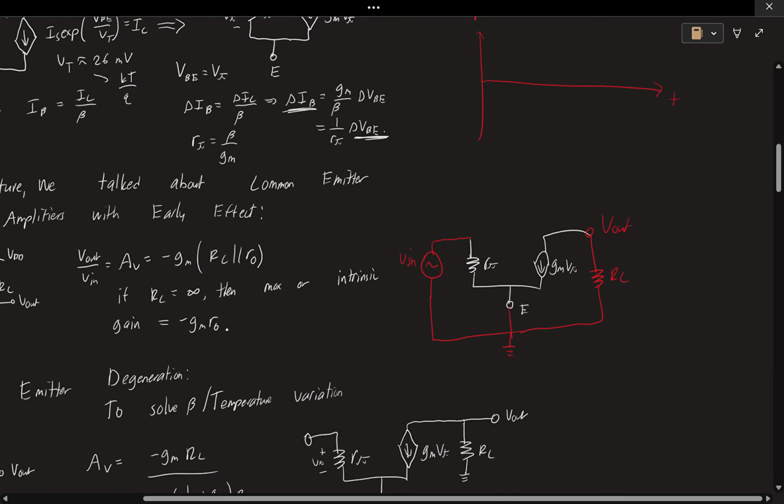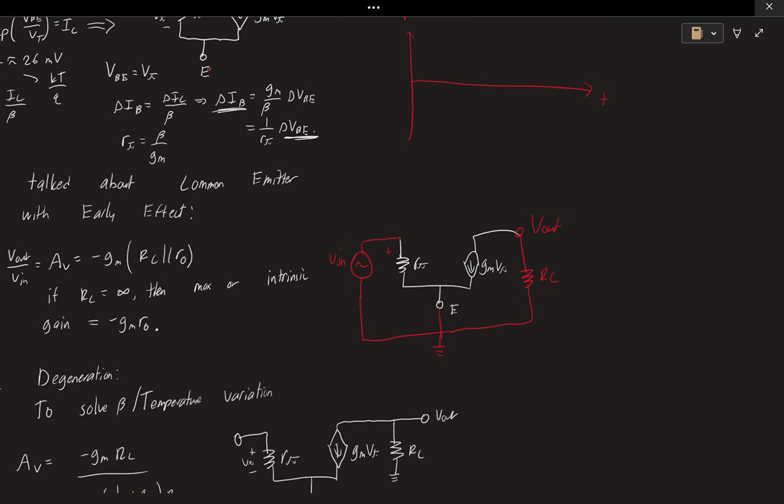Okay, cool. So the best way of viewing this now is to just write a few equations out. Just like lecture, we know V pi is going to be equal to V in, just from the KVL on this left loop. And now we know that V out is going to be equal to RC times whatever current is going this way, right?